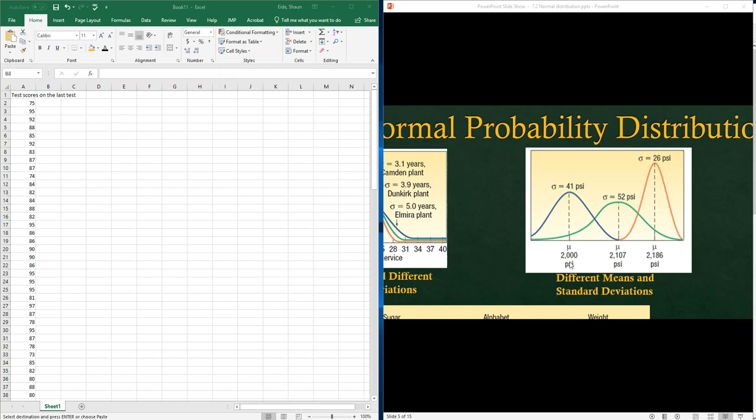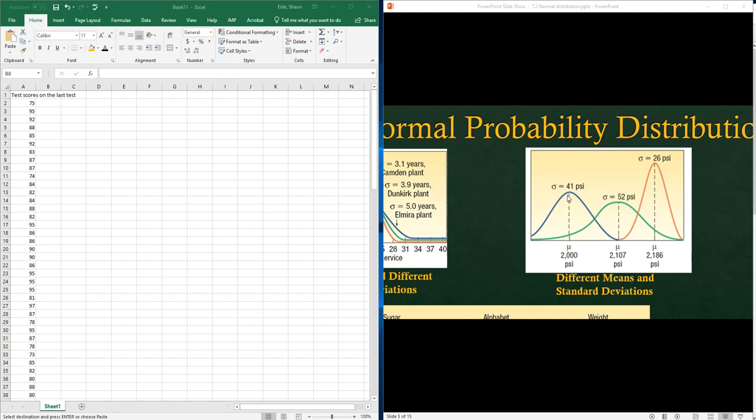The mean is 2000 psi with a standard deviation of 41 psi, and it's lower than the next mean. The next mean is 2107 psi with a standard deviation of 52, and you see that it's spread wider and more platykurtic.